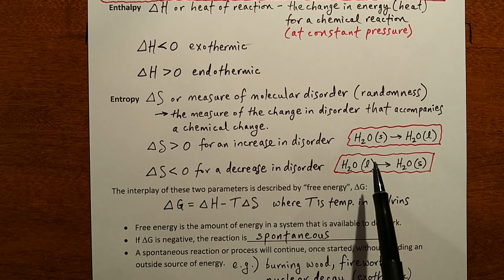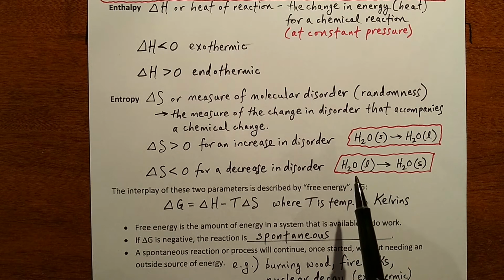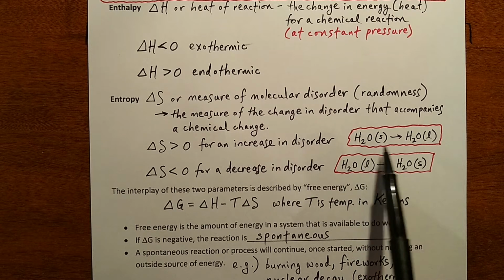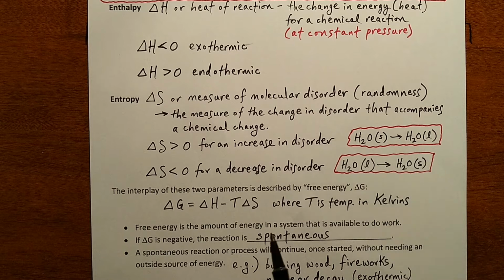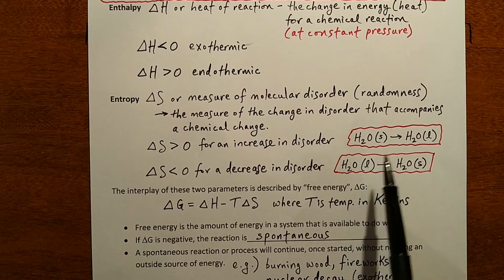So one way we can explain entropy would be not through a chemical reaction, but through a physical process like ice melting. Solid water melting into liquid water is just a physical process. The water is still water, it's just changed its physical state. We say for that process that delta S is positive.